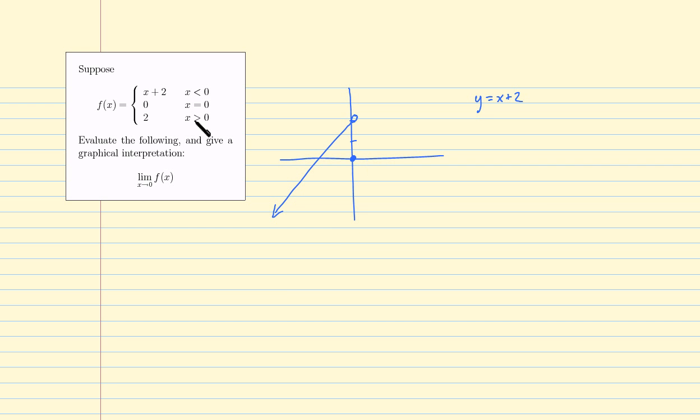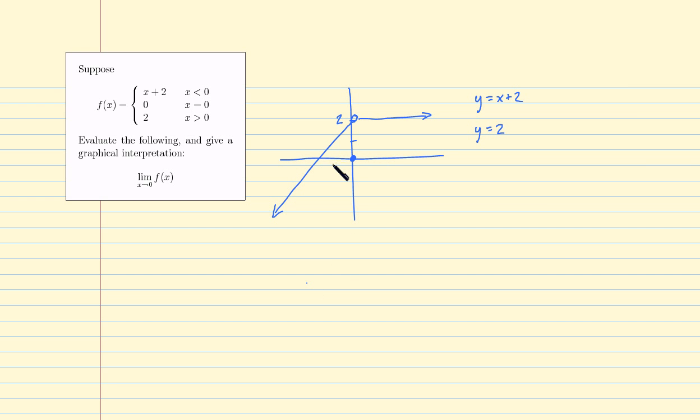And then when x is greater than 0, or when I'm talking about to the right of the y-axis, it looks like my function is identical to the constant function whose graph is given by y equals 2. So that would just be a horizontal line. Okay, again, because I don't have equality here, I need to make sure I indicate that with an open circle.